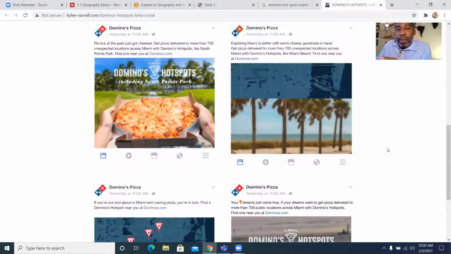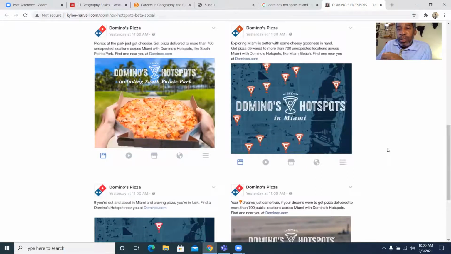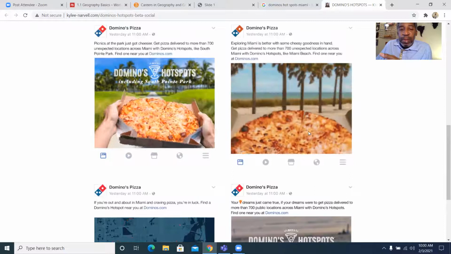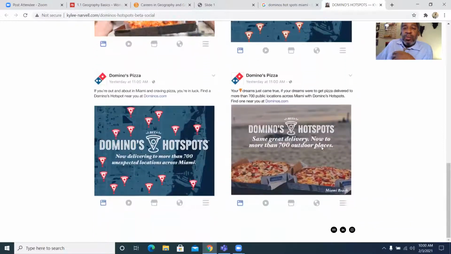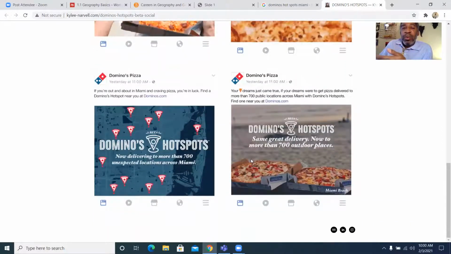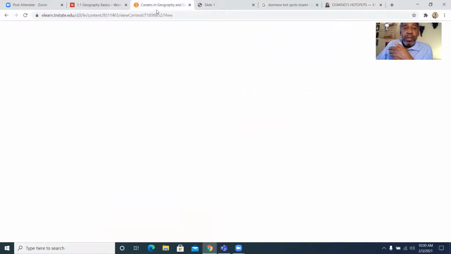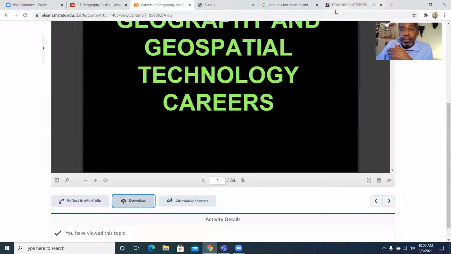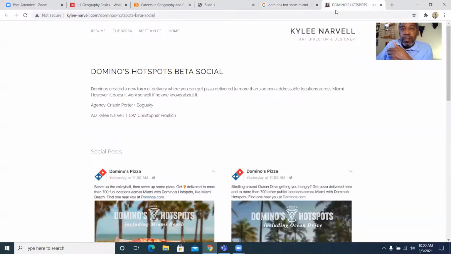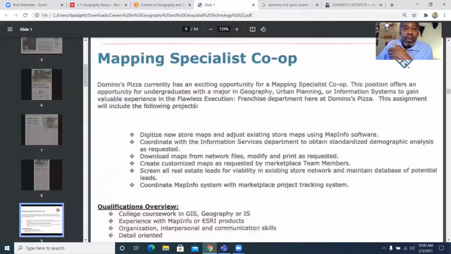So if you happen to be in Miami and you're on the beach, there might be a hot spot on the beach. And so this is just one of the ways that this technology is involved with food service and delivery.